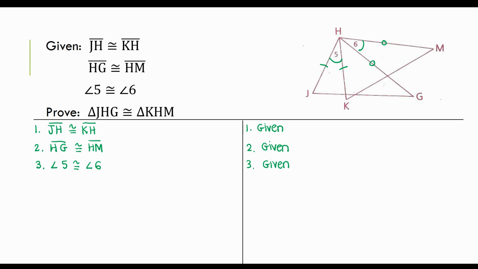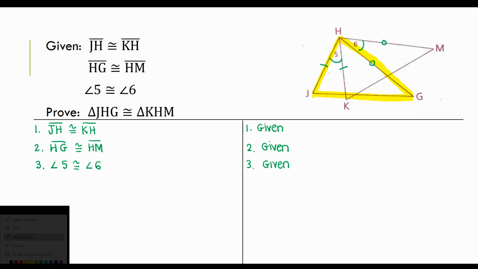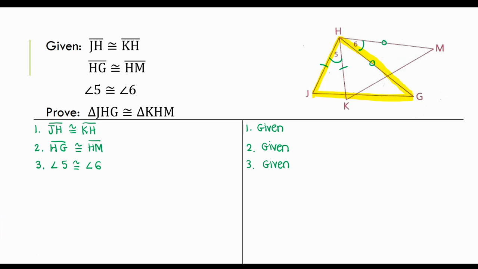Okay, we are trying to prove that the triangle, so here, let me highlight it, triangle JHG is congruent to the triangle of KHM. So remember, in order to prove congruent triangles, we have to have 3 things marked in our picture.